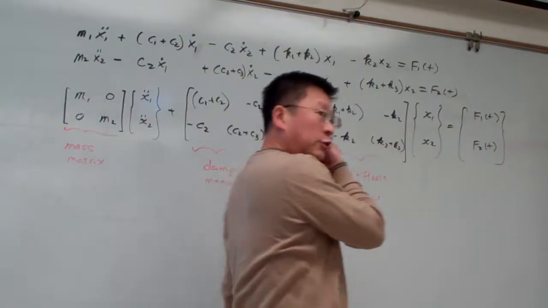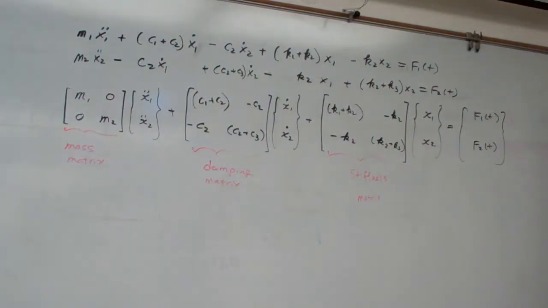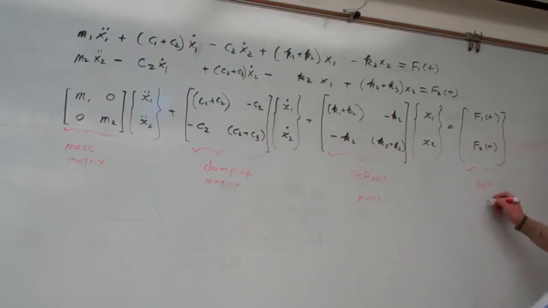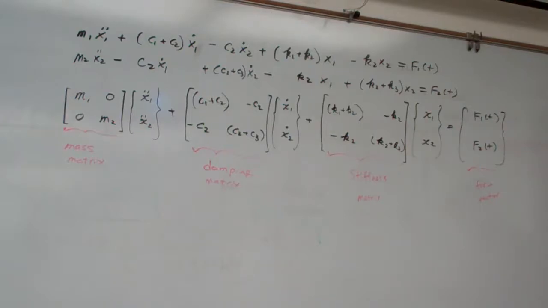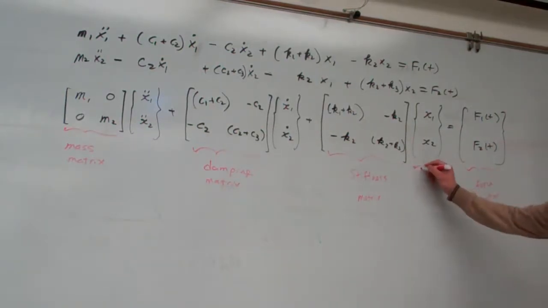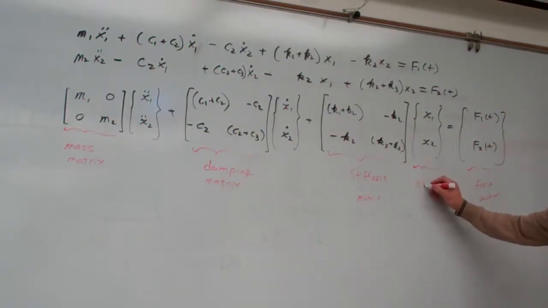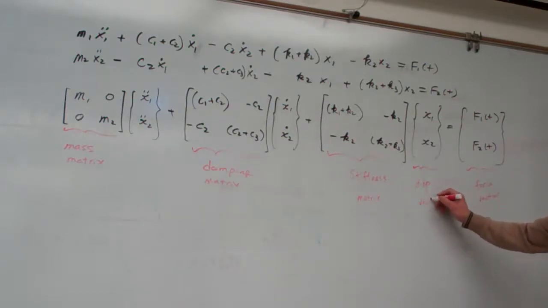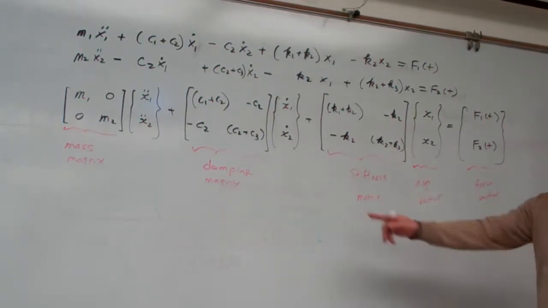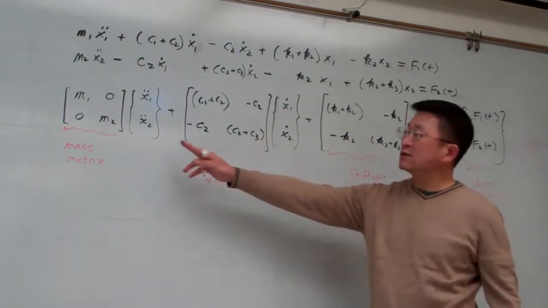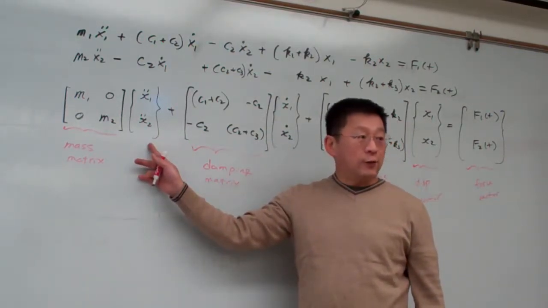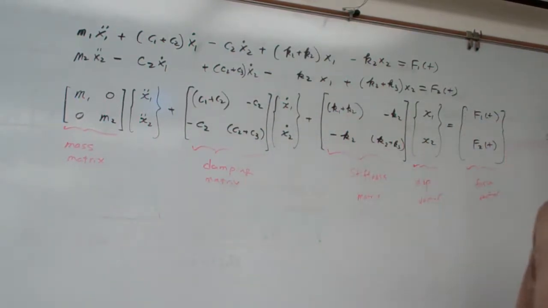Those are just the terms used for communication. And this one we call the force vector. And if you like, you can further define the displacement vector, etc. This is the velocity vector. These are the acceleration vectors. Okay.